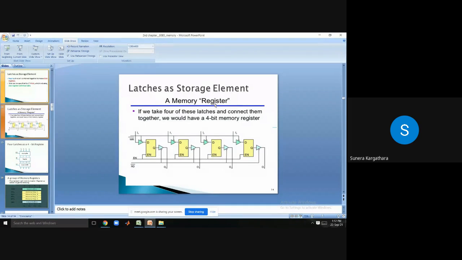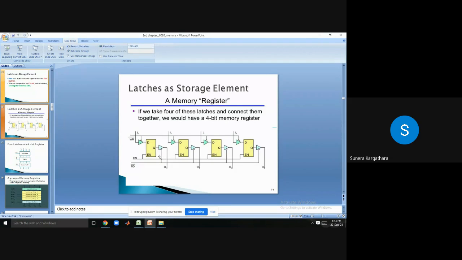Suppose I say register B, register C, in our 8085 microprocessor, we are having so many registers like B register, C register, accumulator, D register, E, H, and L. All these registers are out of how many bits? What is the capacity of that register? It can hold how much data? 8 bit. 8 bit. What it means?